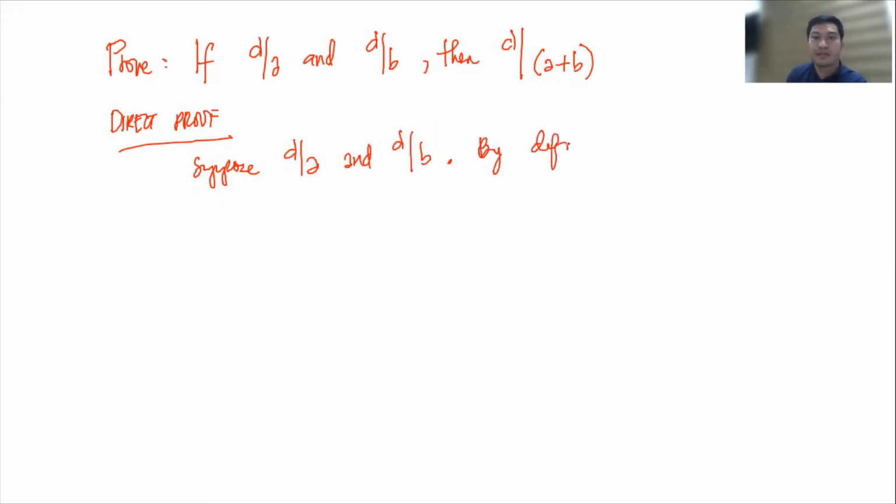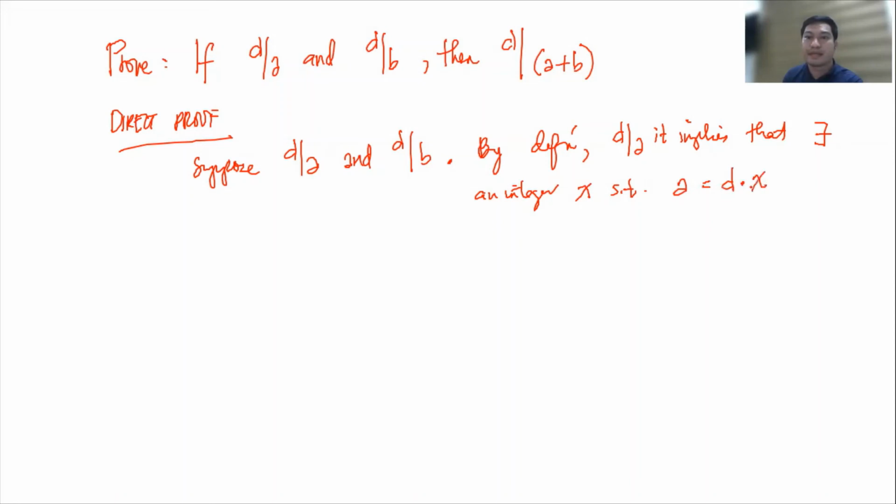By definition, when you say D divides A, it implies that there exists an integer. We can have x such that A is equal to D times x.